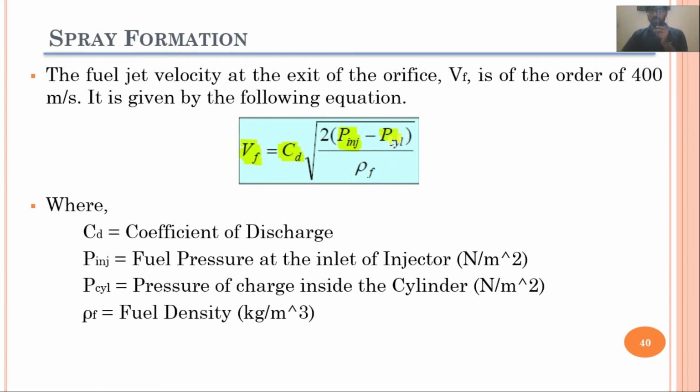P cylinder is the pressure inside the combustion chamber. Rho F is the density of the fuel. Usually this Vf is on the order of 400 meters per second, but this is a usual value, not an obvious one that we will always have. This is the relation which we will be using in the numericals as well.